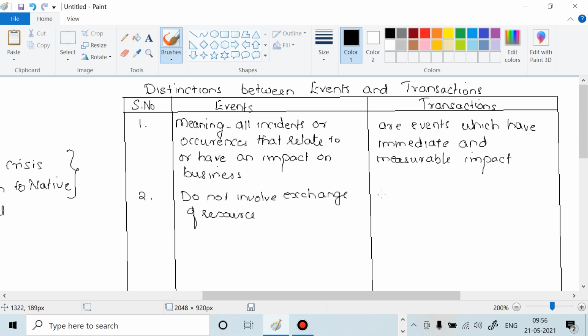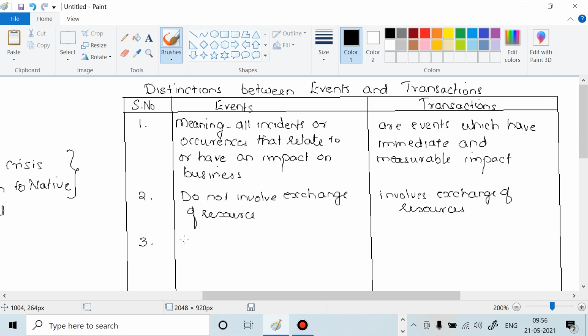But when there is a purchase or when you have to pay rent, it does have an impact. Therefore, transactions involve exchange of resources. So when goods are purchased, goods come in and cash or money flows out of the business. So there is exchange of resources found when it is a transaction.